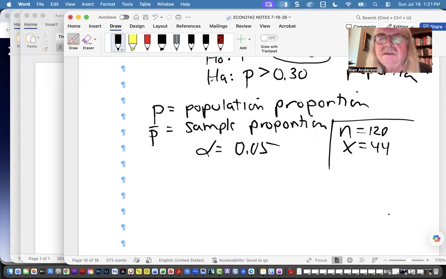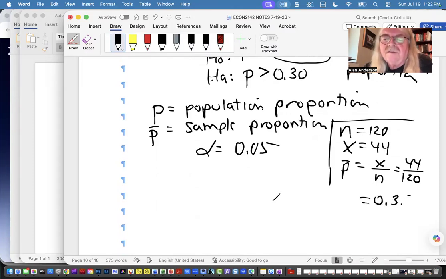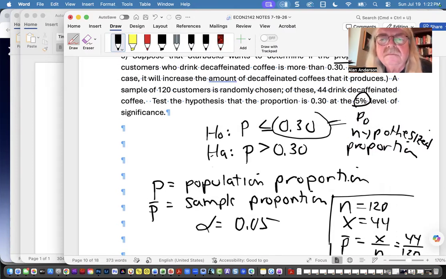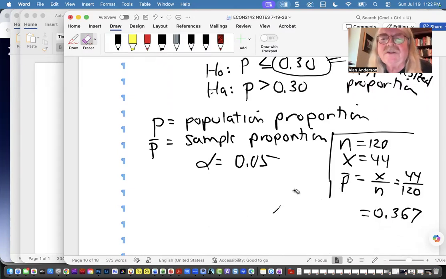So p bar, the sample proportion, is the ratio of X to N, which is about, let's say, 0.367. That's close enough. All right. So now here's a good question. What is the test statistic here?